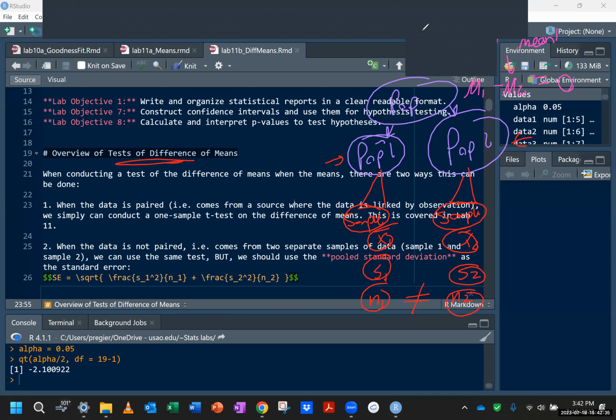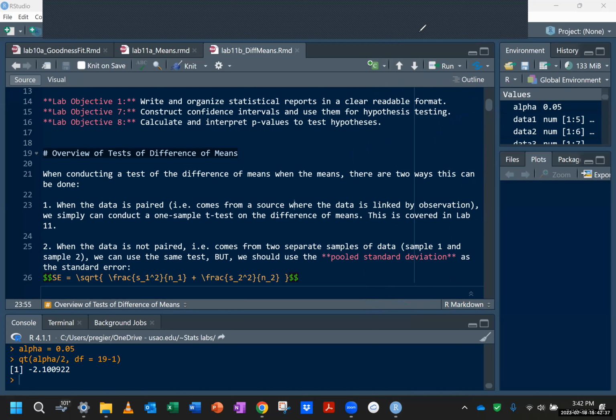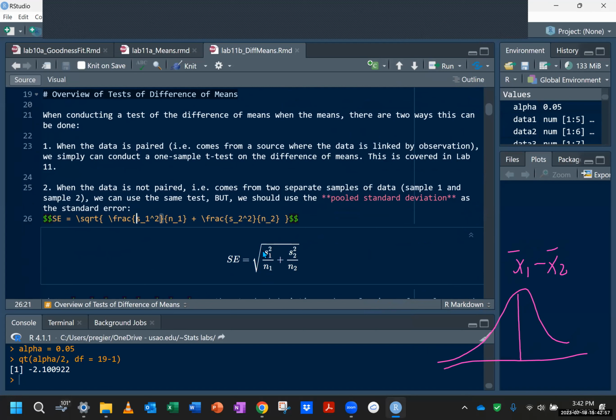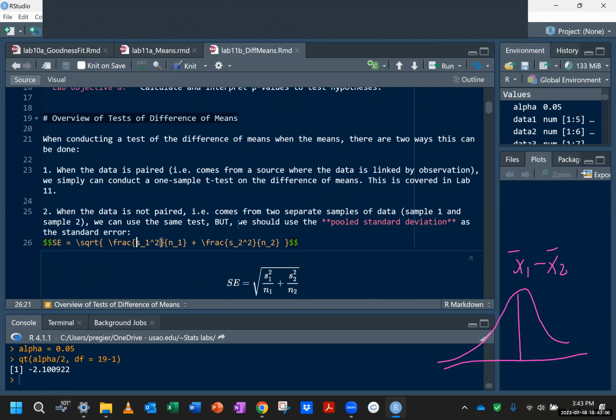The first thing we do is say, this difference that we found, not P1, we're not looking at proportions, we're looking at means, X1 minus X2, comes from some kind of distribution. The standard error of this distribution follows this formula: the square root of S1 squared over N1 plus S2 squared over N2. That's the standard deviation of our sampling distribution.